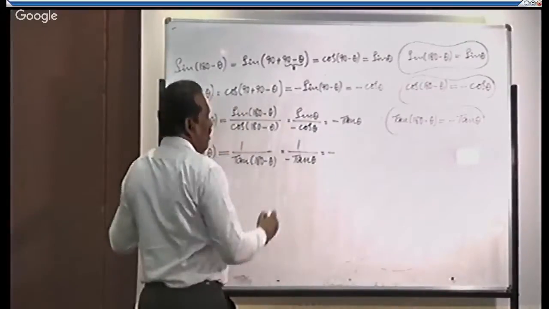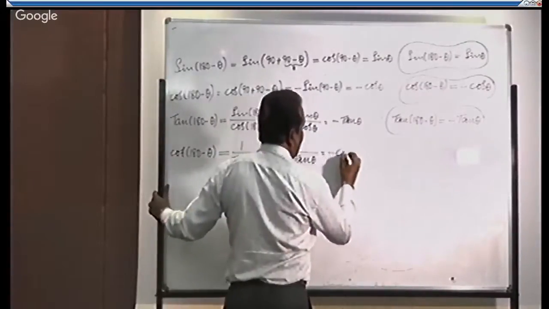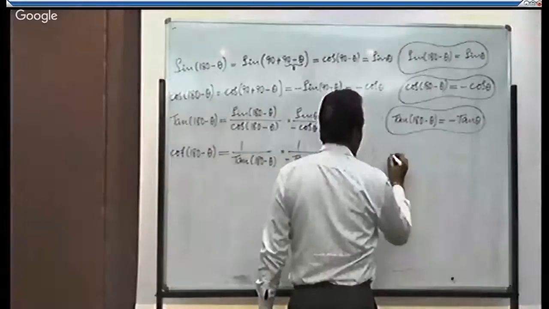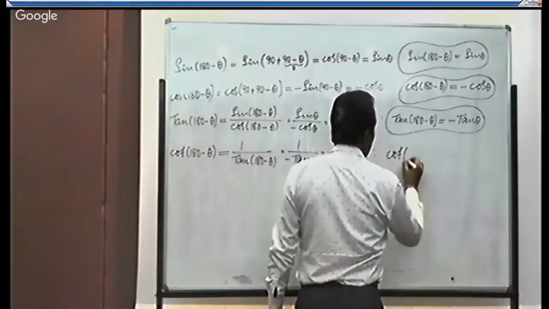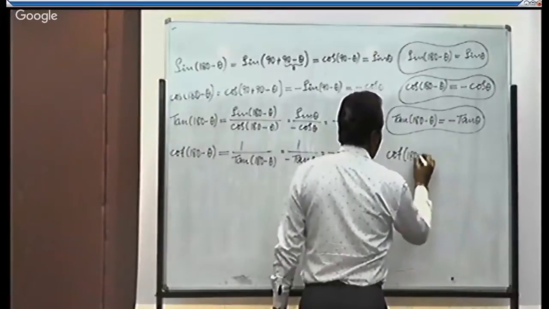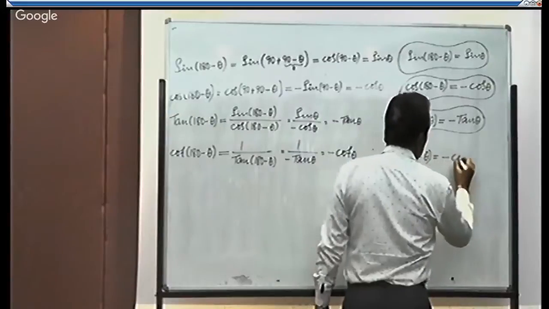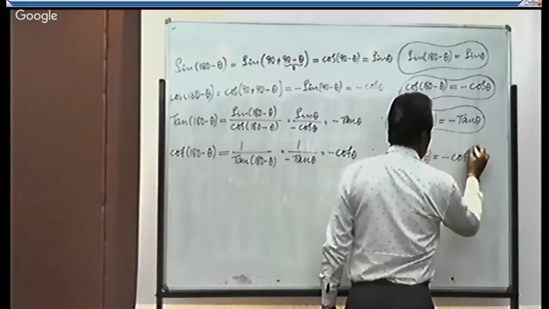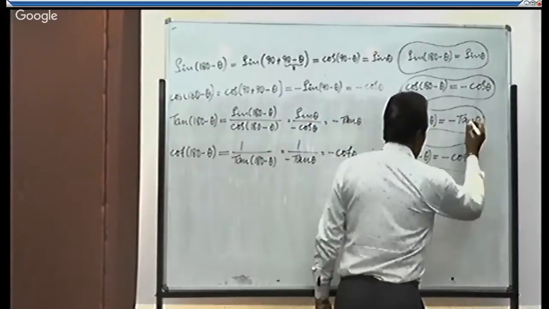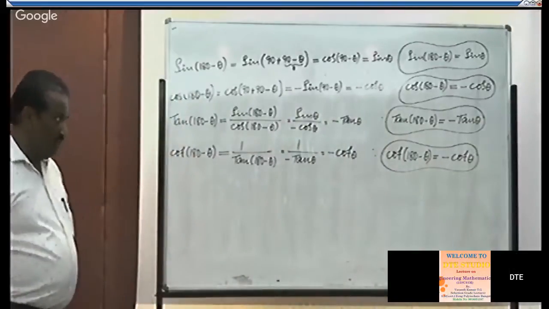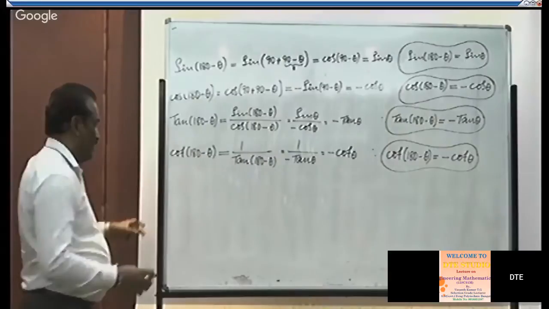Minus, we know 1 by tan theta is cot theta. Thus, we can write cot of 180 minus theta is always equal to minus cot theta.